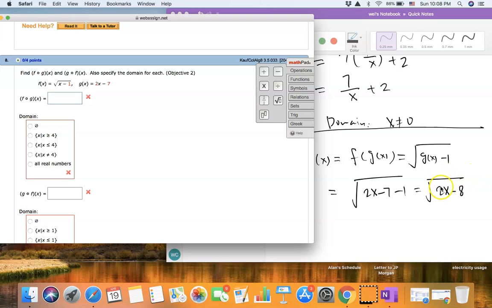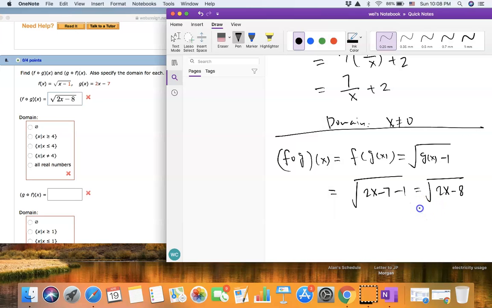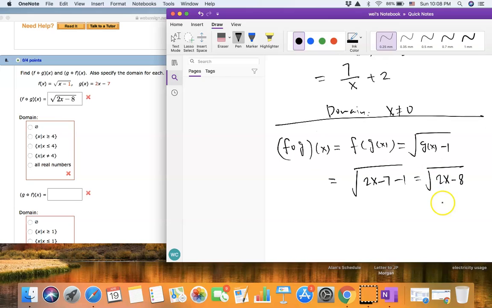To type this function, we're gonna use this tool. We click on this and type 2x minus 8. All right. Next, we look at what's the domain of this function. This is a square root function, so we want the inside part to be non-negative.